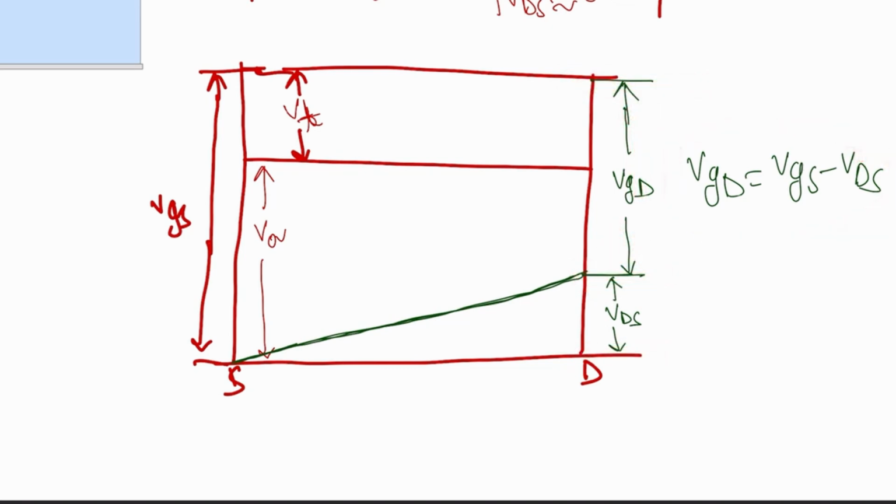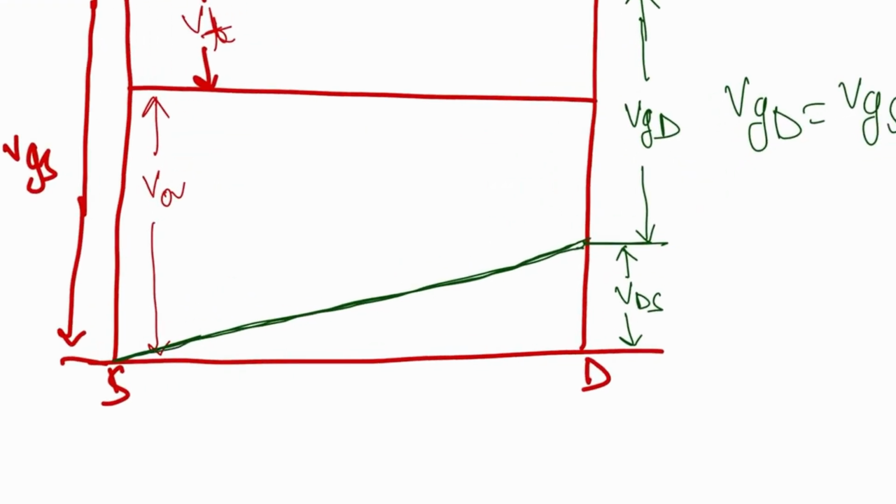So that means if I try to take the average of this curve, the length of this channel is L. I already explained this in my last video.